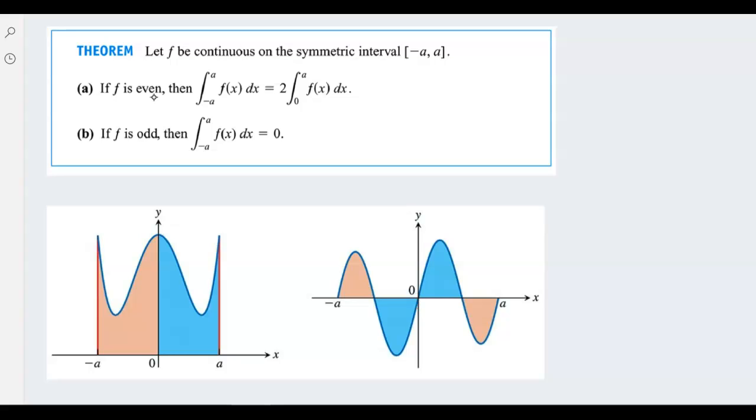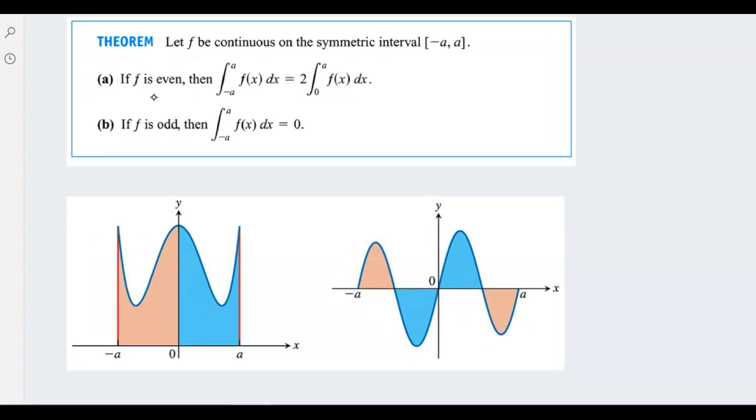So for an odd function, if I integrate between negative a and a, the overall area is going to be 0 because the blue areas are canceling each other out, one being negative and one being positive, and then similar for the orange areas. These are very specific to even and odd functions.